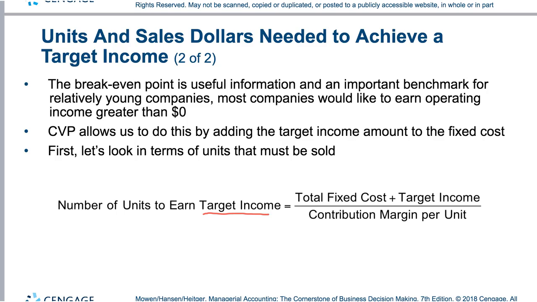Remember, our break even was fixed cost over contribution margin per unit to get to the number of units that we need to sell. Well, if we just add our target income here to the numerator, then divide by the contribution margin per unit, that'll give us our number of units we need to sell in order to earn a particular target income.